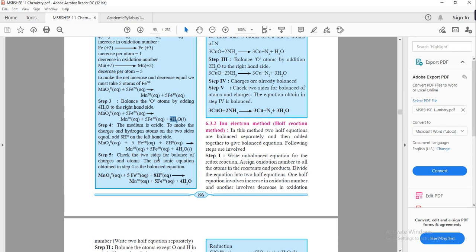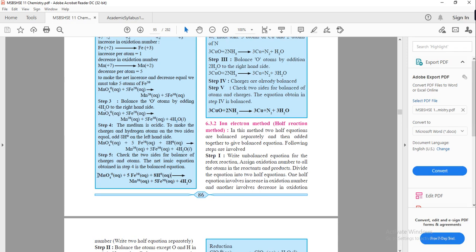Check the two sides for balance of the charges and the atoms. The net ionic equation obtained in step 4 is the balanced equation. 1 Mn on both sides, 4 oxygen, 5 Fe, 8 hydrogen. Every atom and every charge should be balanced in the equation.